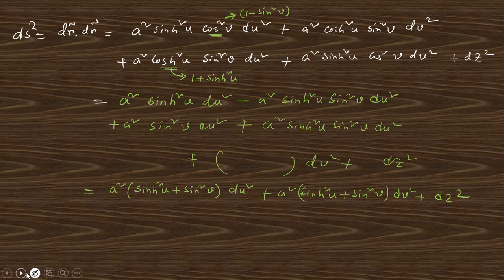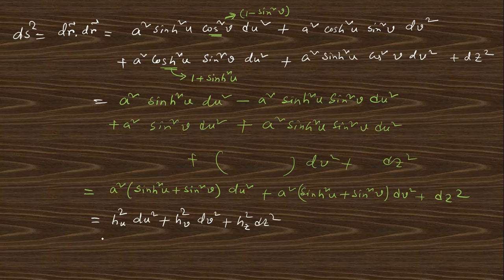So you can write this as hu square du square plus hv square dv square plus hz square dz square.